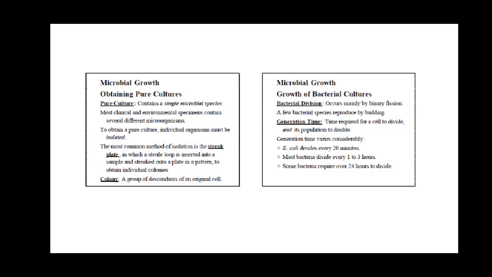Based on the requirement of nutrients, different organisms require different media, and whenever we provide particular nutrients in a media, the specific type of microorganisms can be grown and kept as a pure culture. A pure culture is a culture in which a single microbial species is present.